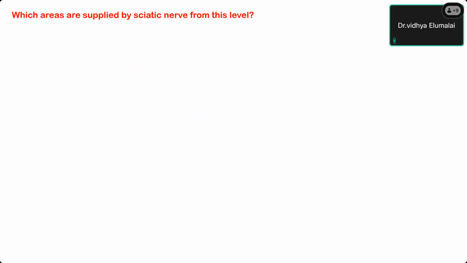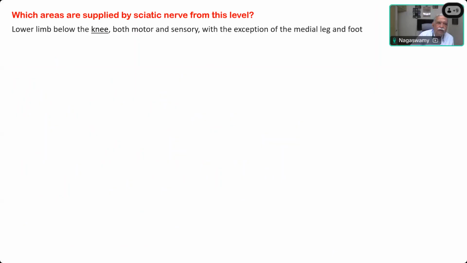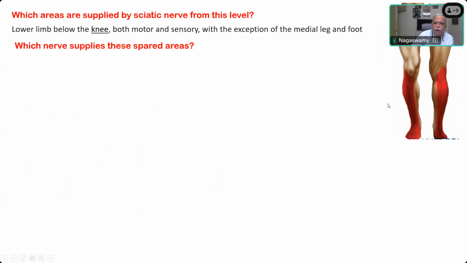Sir, the entire leg except the medial leg and foot. Okay, so this picture will tell you. The entire red area is supplied by the sciatic, and anteriorly you can see the medial portion alone. And which nerve supplies this medial area? Saphenous nerve, which is a branch of the femoral.